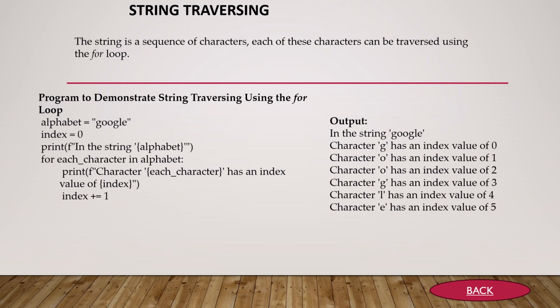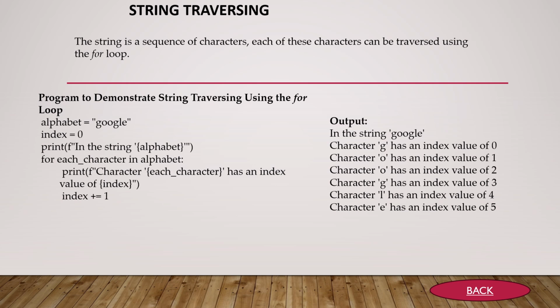The string is a sequence of characters. Each of these characters can be traversed using the for loop. So we can set up a loop in order to read character by character.